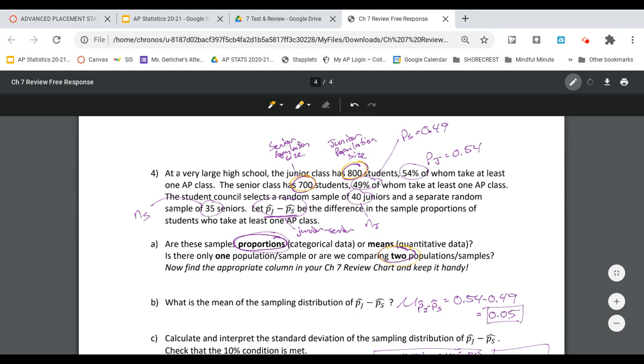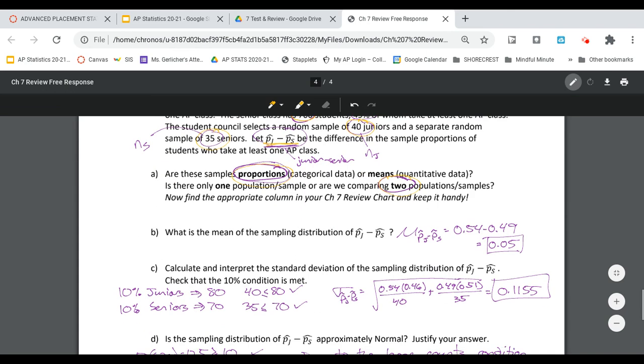We have the probability of being a senior who takes an AP class is 49%, and junior. So these are in the populations. We have our sample sizes for our 2 populations, and taking note that they're choosing to go junior minus senior. So we need to stick with that same order, junior minus senior. Okay. So subtract your population means.